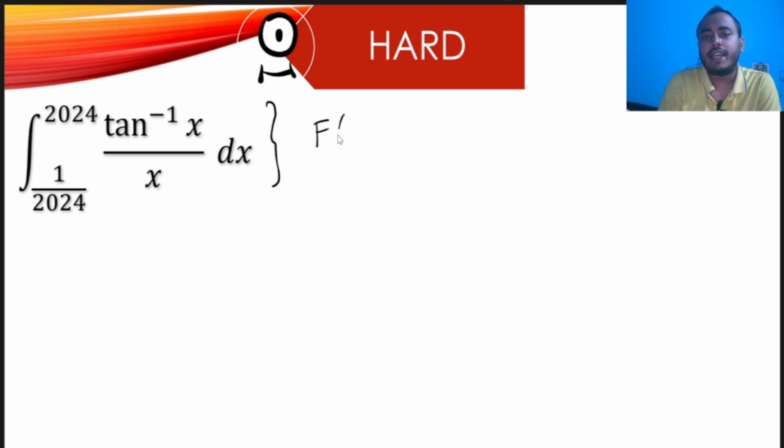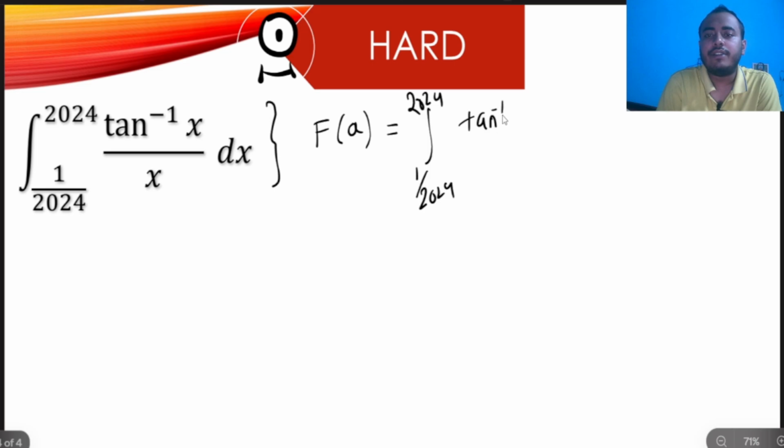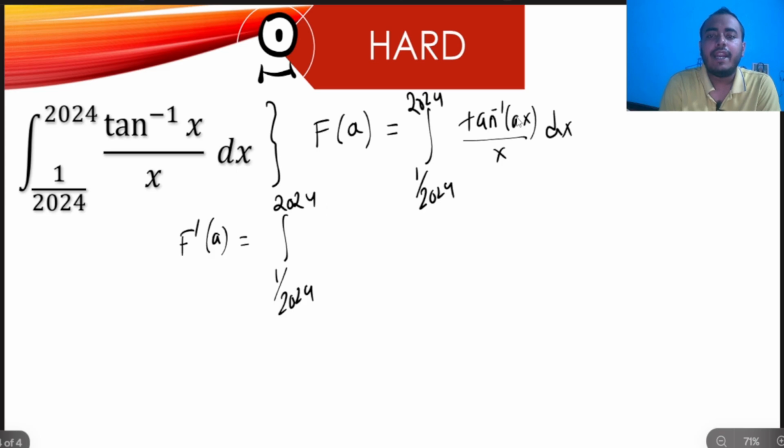Let us define a function like this: F of a is equal to the integral from 1/2024 to 2024 of tan inverse of ax by x dx. If we differentiate both sides using Feynman's trick, we differentiate with respect to a, which means x is treated as a constant.